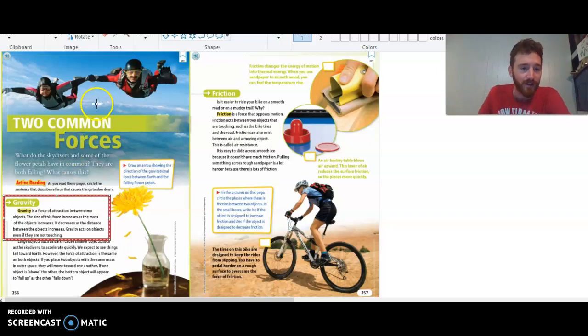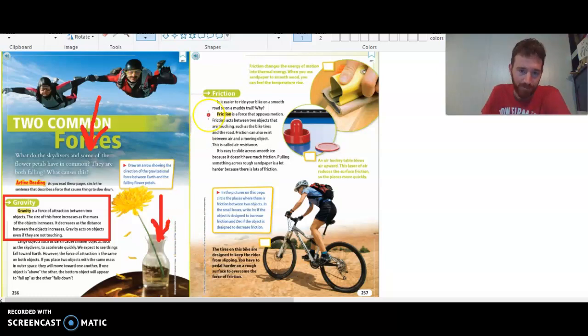Skydivers falling down toward the Earth, and the petals on this flower falling down toward the Earth, are doing so because gravity is pulling. Gravity pulls objects together. That's a big one.